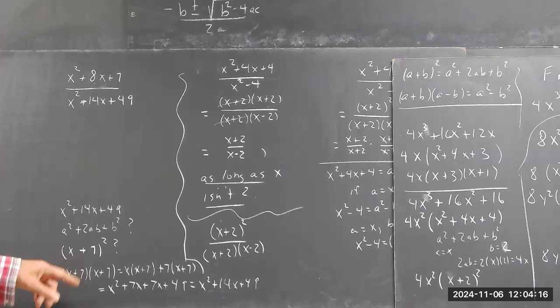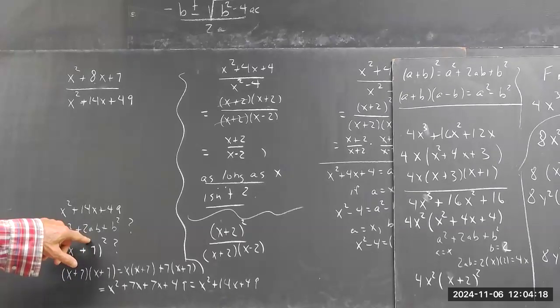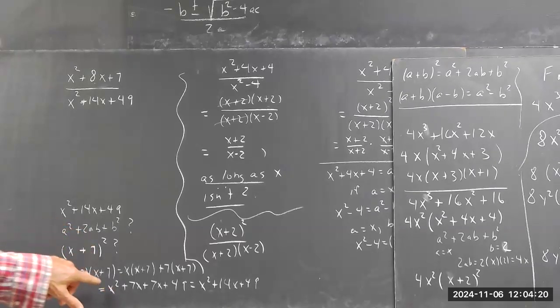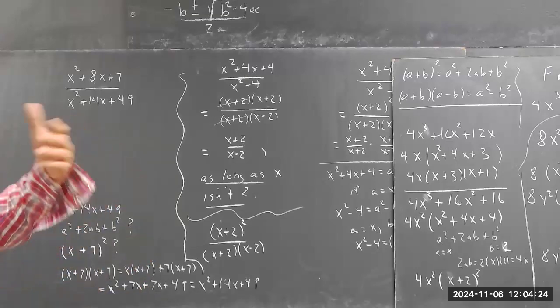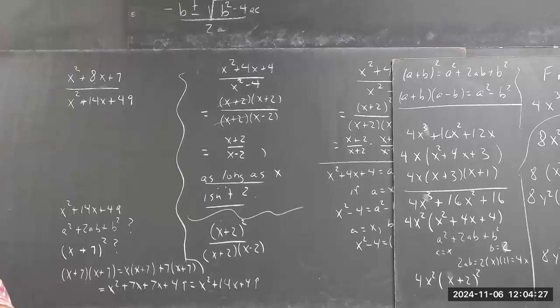Okay. It fits this pattern, and you can do this pretty much in your head if you do a bunch of them. It depends on how well your head does at doing stuff mentally. Some people are better at it than others.